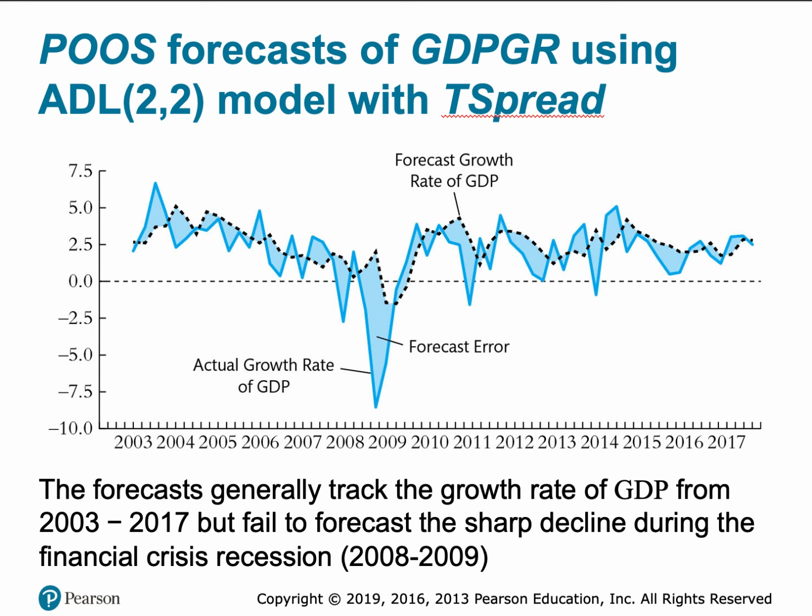On the left-hand side, we have percentage points, and on the x-axis, we have time. You can see that the forecasts generally track the growth rate of GDP from 2003 to 2017, but the forecast really fails to predict this sharp decline during the financial crisis recession, and you would expect that from such a simple model.